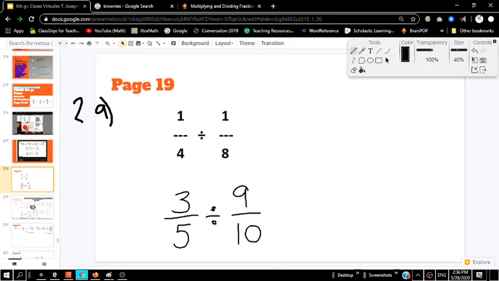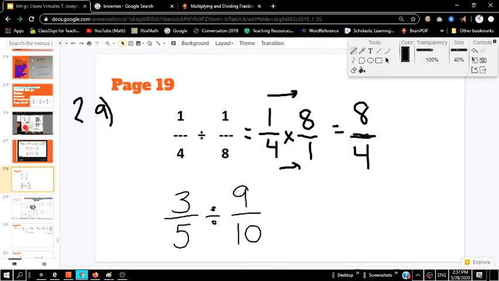that we're going to divide 1/4 divided by 1/8. Now we know that that's the same thing as 1/4 times its reciprocal, which is 8, or in this case, 8 over 1. So we can easily simplify or multiply those fractions. 1 times 8 is 8, and 4 times 1 is 4.